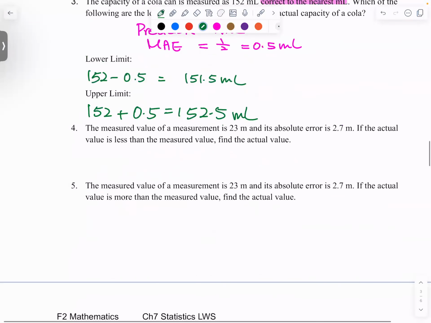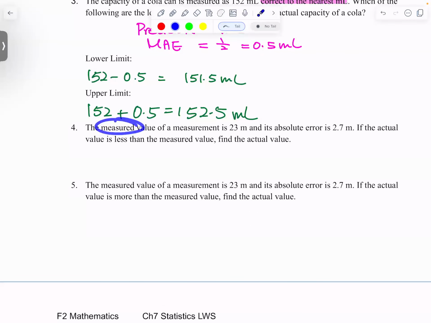Okay, good. And the next. Now we have a measured value and there's an error for it as well. So this is what we see with our eyes, but there's an error of 2.7. And then we know the actual thing is actually less than this measurement. So that means your error is too much. So you do the measurement minus your error to get your actual.